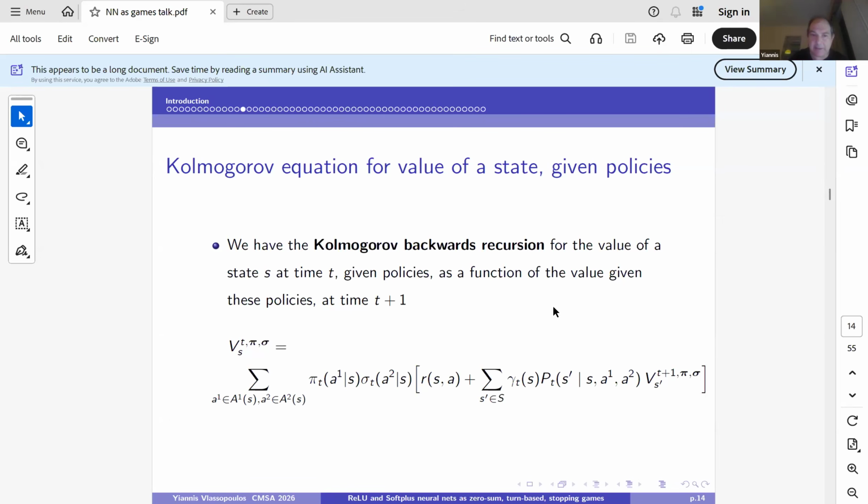So the expectation value given some policies pi and sigma at time t is the expectation over the state S prime, which is the next state that you go to after S. You have this V_{t+1} with the same policies, and you take the expectation value, multiply with the probability to go to this S prime, and you add over all the S primes. And so this is a recursion relation. It's a backward recursion relation.